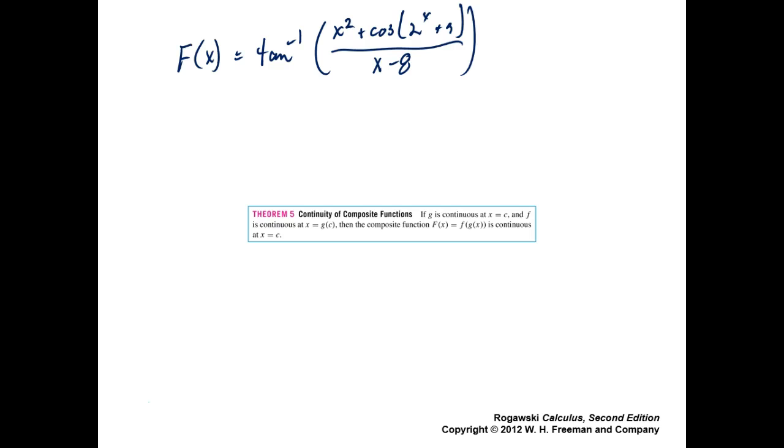Tangent, even though a tangent function is limited between minus pi halves and pi halves, the inverse tangent function, because it's the inverse of that, ranges over all real numbers. So therefore the inverse tangent has a domain of all real numbers. They kind of snuck that in on you without explaining it, but indeed that's true. That's defined for every x not equal to 8.